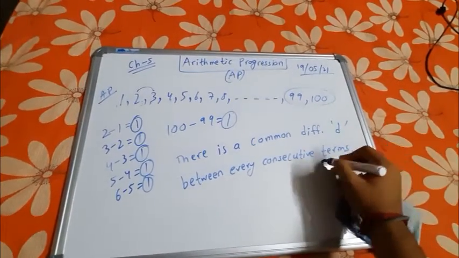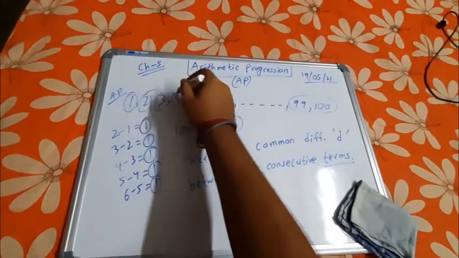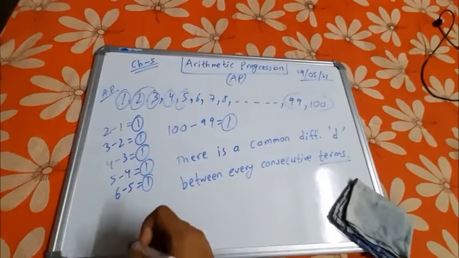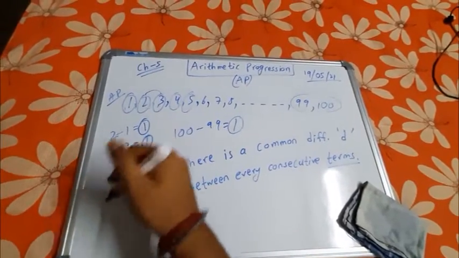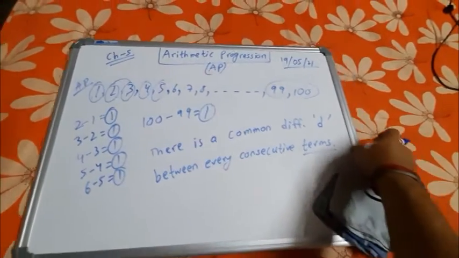Now if you ask me what terms are, terms are each of the elements of this series. 1, 2, 3, 4, 5 are all called terms. 1 is a term, 2 is a term, 3 is a term. Every element of the series is a term.